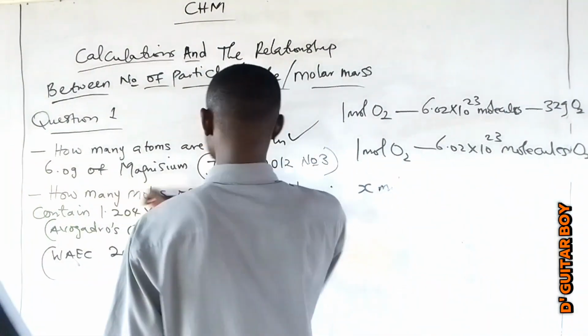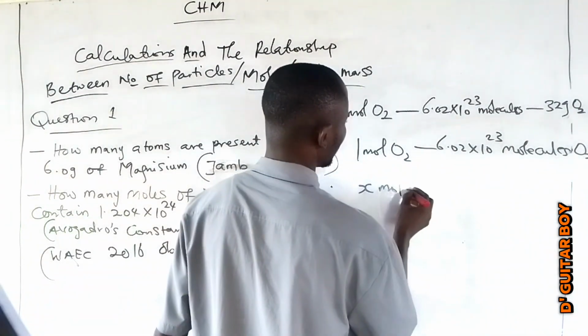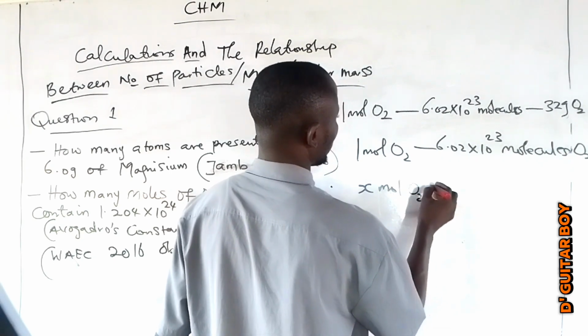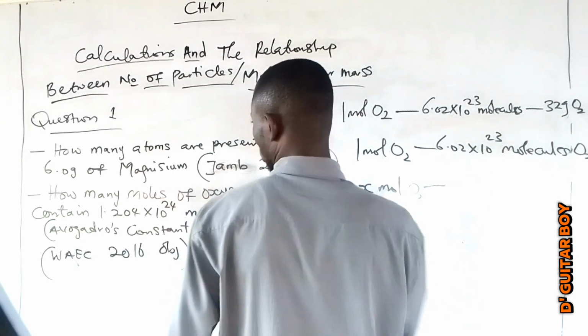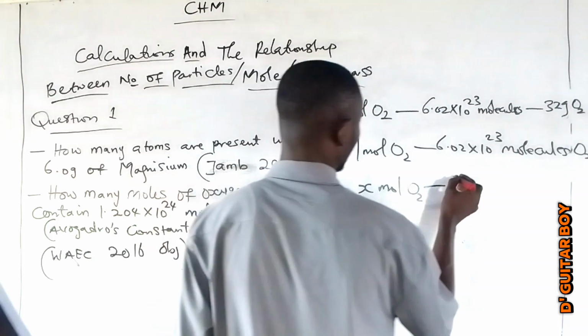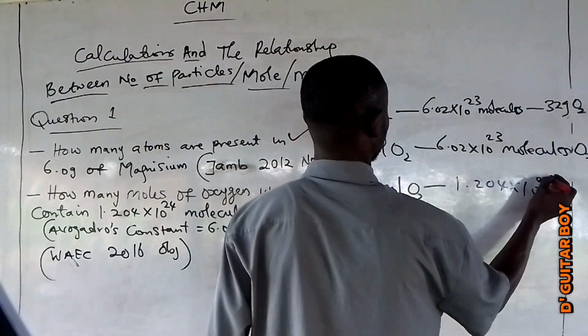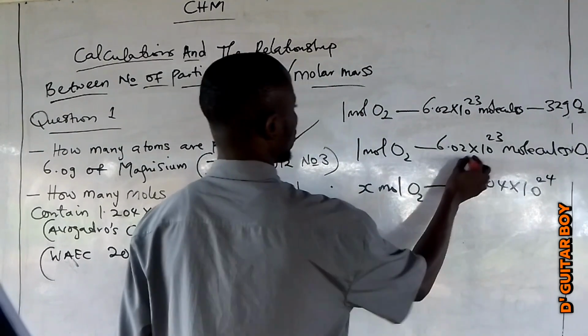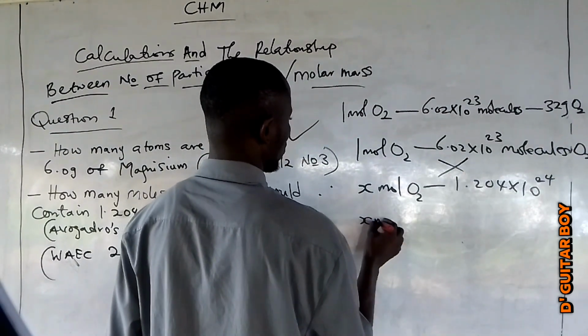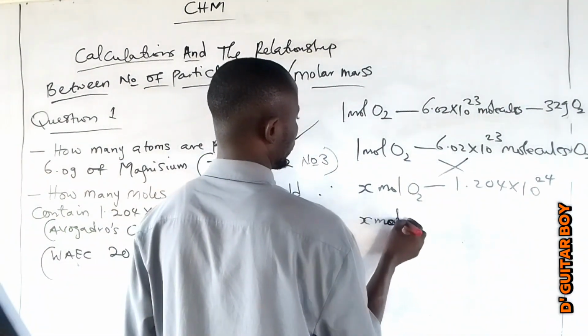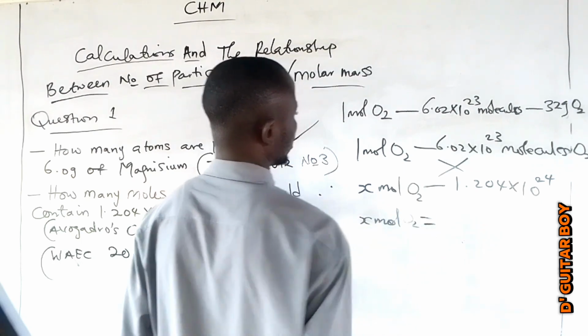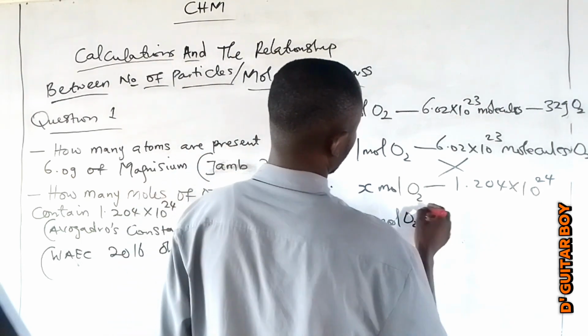S mole of oxygen molecule will give us 1.204 times 10 raised to power 24.